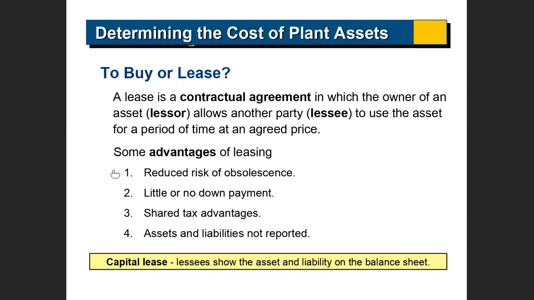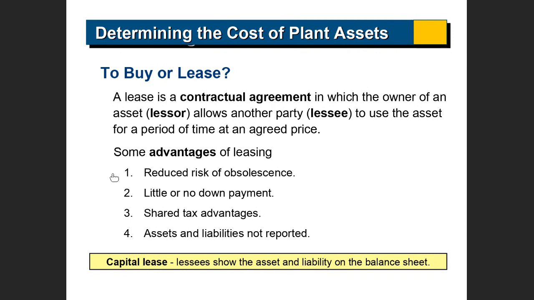The advantages listed here are reduced risk of obsolescence. So you're renting it, so you don't have to invest a large amount of money. And if it becomes obsolete, meaning that equipment is so old that you cannot sell it anymore, it's out of design, many new equipments have come out after that, you don't have to worry about that.